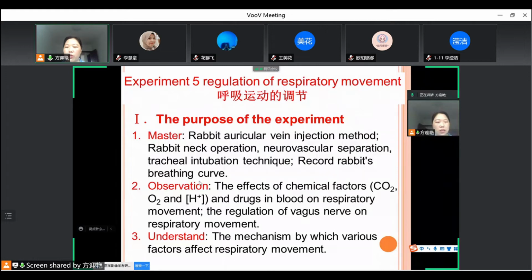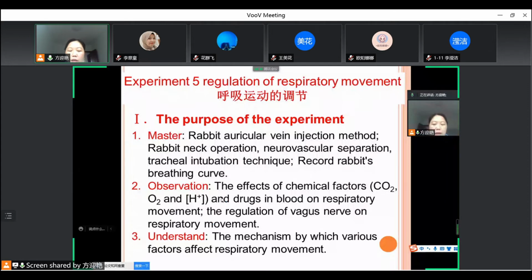After this surgery we observe the movement and the hydrogen increase, and then the drug effect on the respiratory movement, and also some nervous effects on the movement.